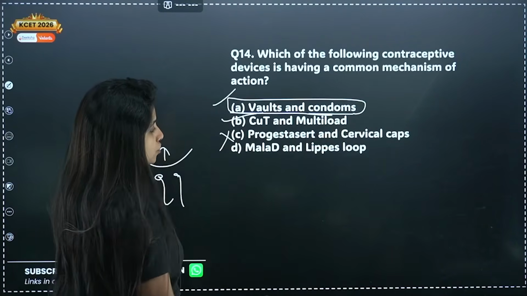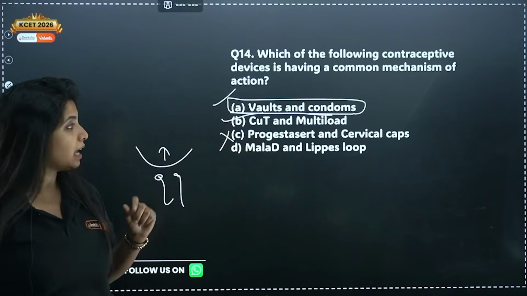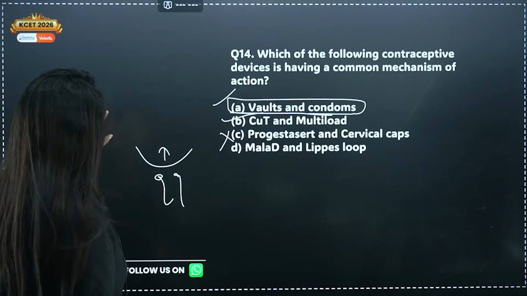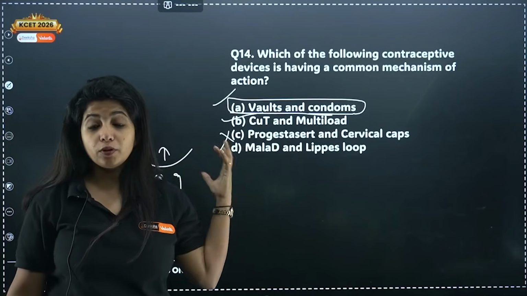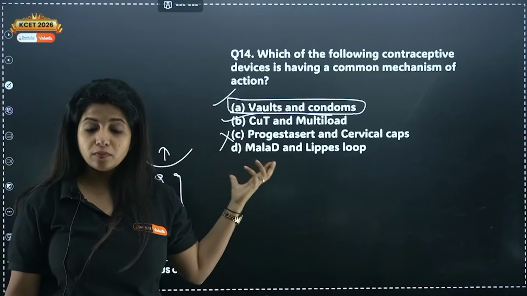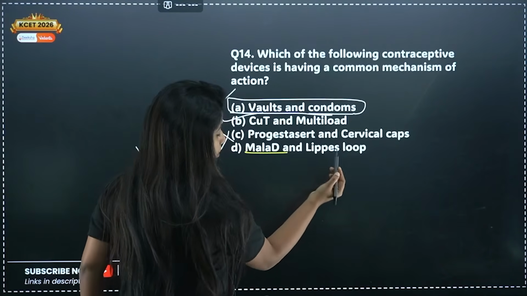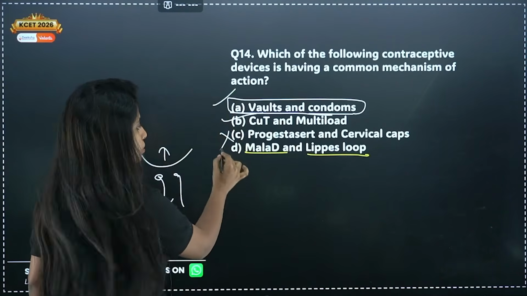Over here it also matches up. Mala-D and lipase loop. Lipase loop is a non-medicated IUD, and Mala-D is not given in NCERT, but it is a hormone releasing oral pill. It has hormones in it, it's an oral pill. So this one also does not match up, because lipase loop is a non-medicated IUD and this is an oral pill.